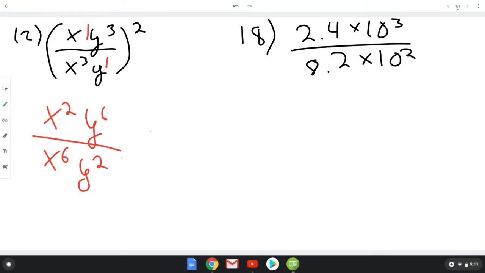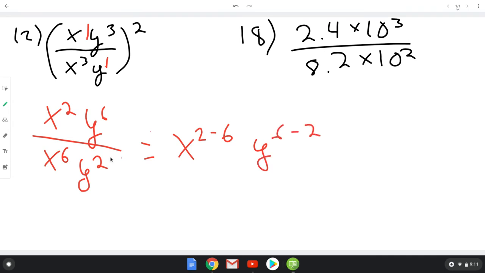Now our next step is going to be to simplify the things that have the same base. So when you're dividing things with the same base, you can subtract the exponents. So this is going to be x to the 2 minus 6, y to the 6 minus 2.